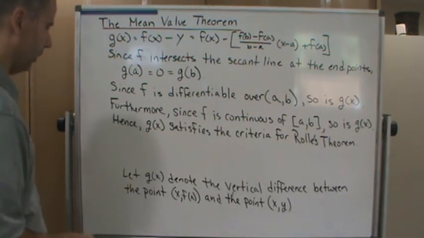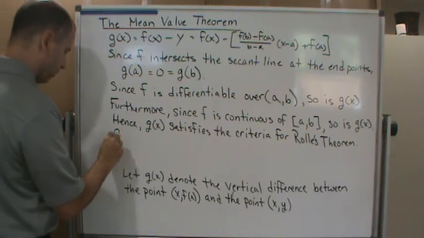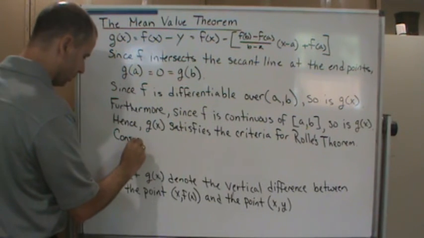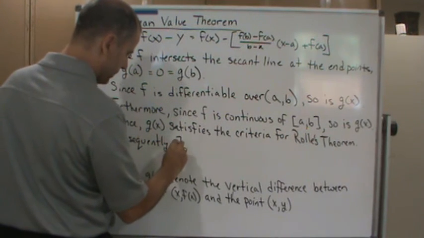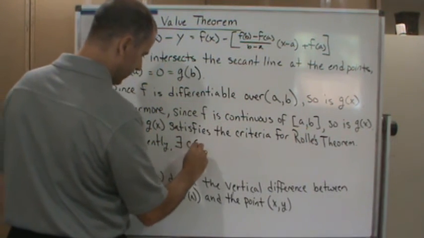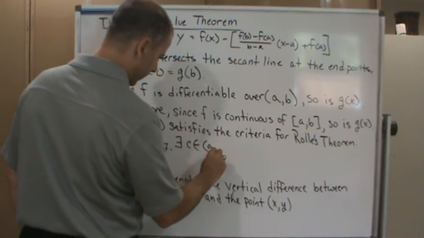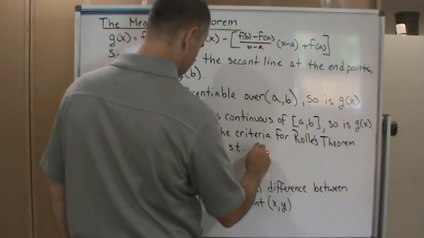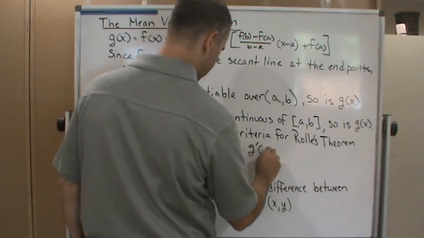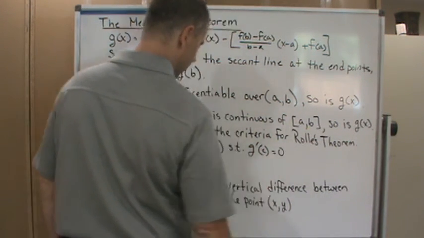Okay, so now, consequently, there must exist c in the open interval (a, b) such that g prime of c equals 0.